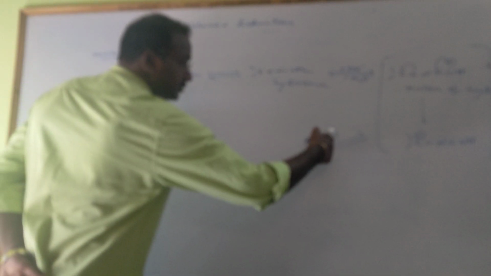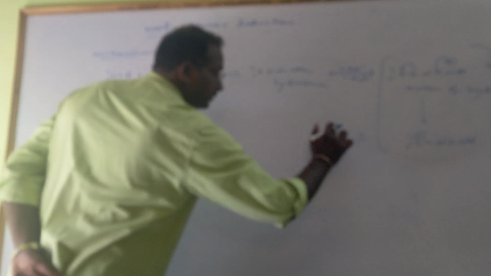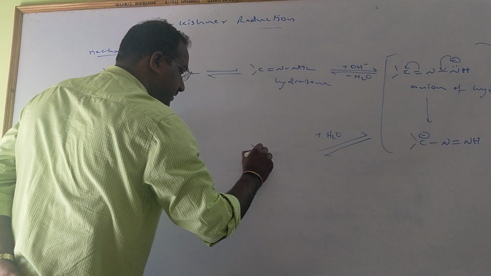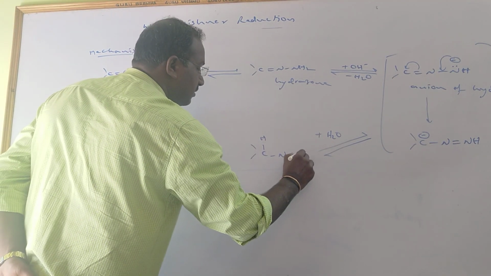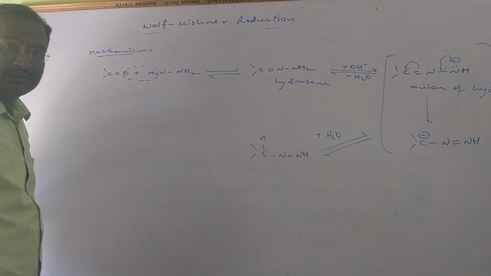All are reversible reactions. Please consider all are reversible reactions. Not one is a single step. So what will happen? Loss of H takes place, and on addition of H2O, H will be added to that. Means we get the compound like C minus converted to CH, then N double bond NH.